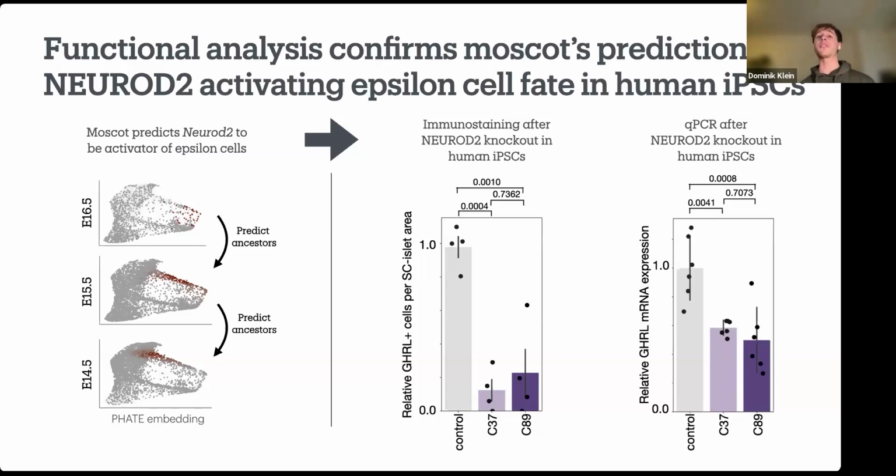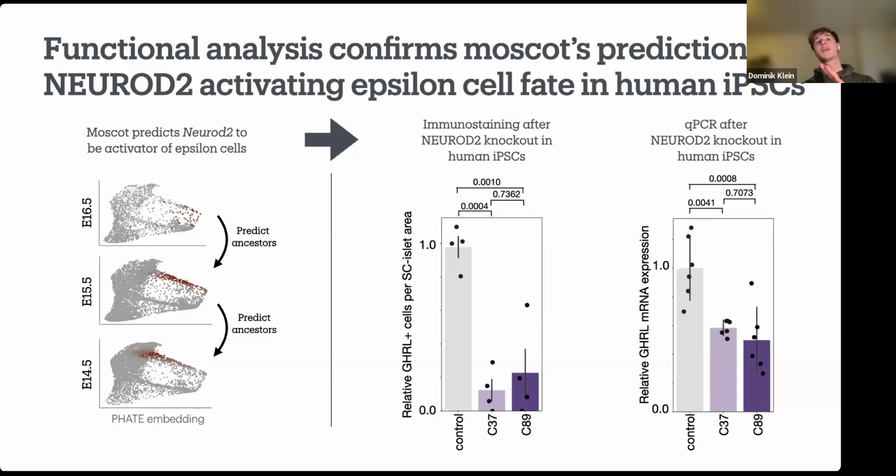We can obviously also quantify that. And with a quantification, we can then see which transcription factors might have induced the epsilon lineage. In fact, we just correlate gene expression with the density of the pullback distribution. I'm not going to go into detail now because that takes too long.